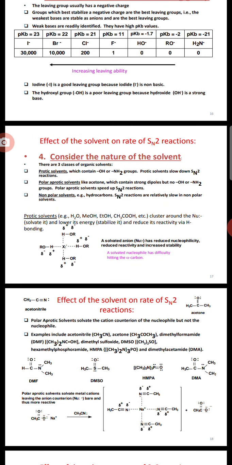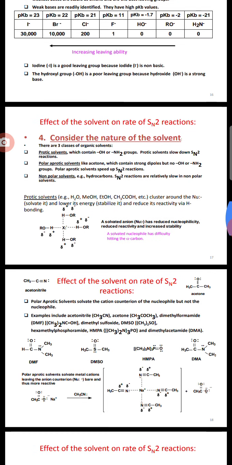Effect of the solvent: polar aprotic solvents solvate the cations, the counter ion of the nucleophile, but not the nucleophile. Examples include acetonitrile, acetone, dimethylformamide and dimethyl sulfoxide.